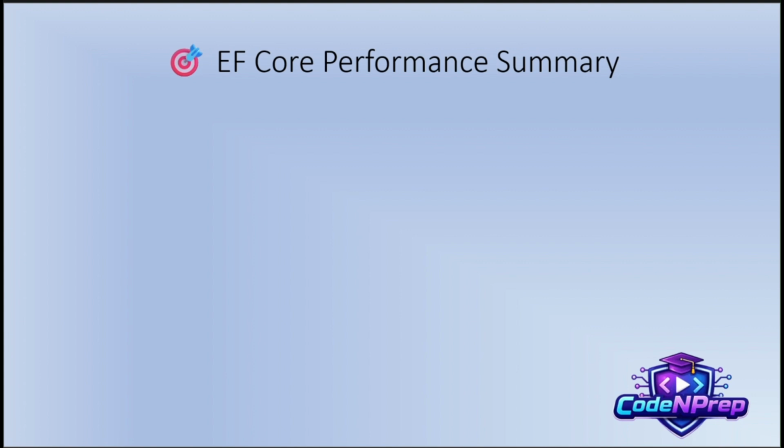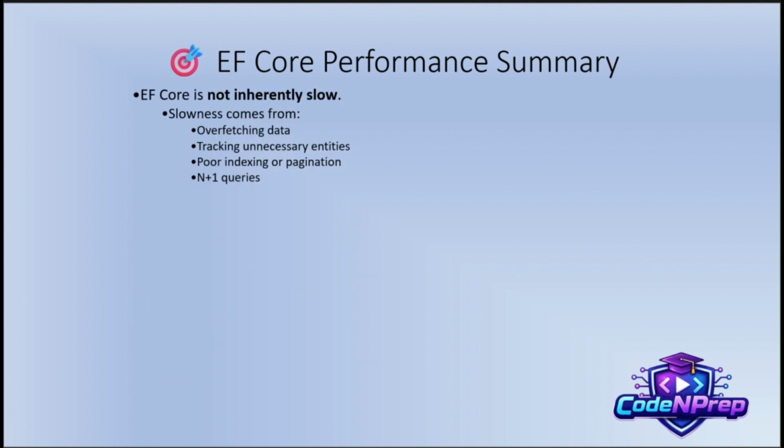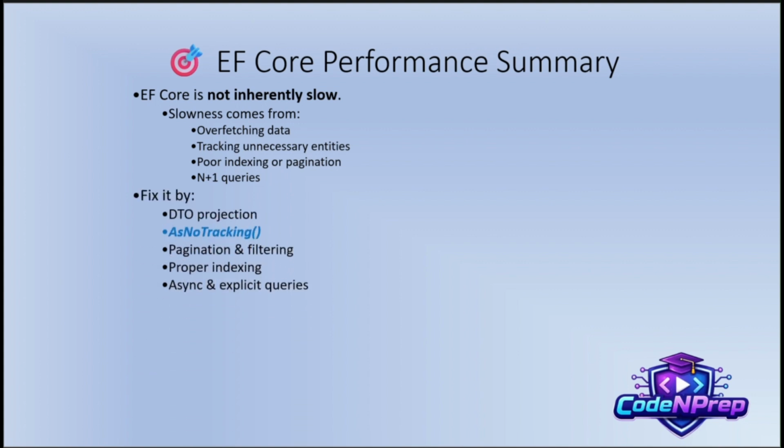Now let's see the summary. Why Entity Framework is slow and what we can do to fix it. First, Entity Framework Core is not inherently slow. Slowness comes from overfetching of data, tracking unnecessary entities, poor indexing or pagination, and N+1 queries. And we saw how to fix this.